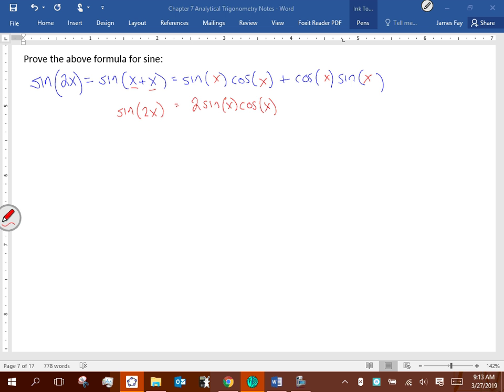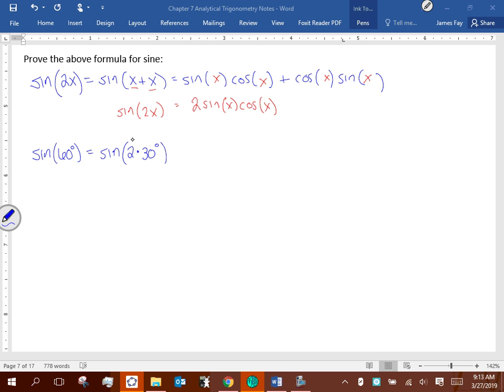And what that says is, what if I'm interested in finding the sine of, let's say, 60 degrees? Well, you know that that is the sine written as a double angle, 2 times 30 degrees, right? Does that make sense?